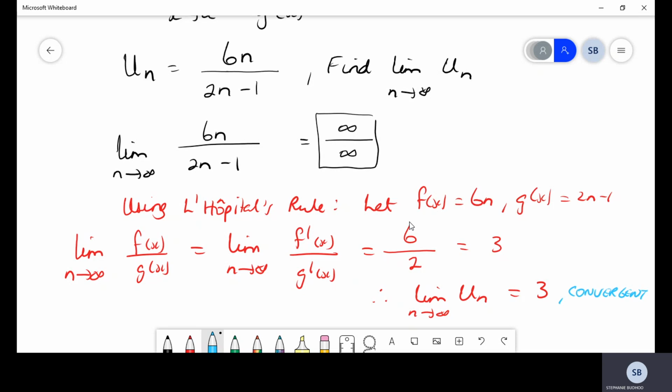A periodic sequence repeats at regular intervals. An oscillating sequence is one that's bounded between two values. And an alternating sequence changes signs back and forth, positive and negative. Also note that a sequence is written as a list of numbers with commas, not an addition sign, and the notation is given by u_n.